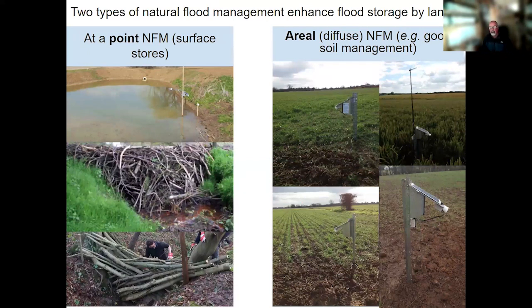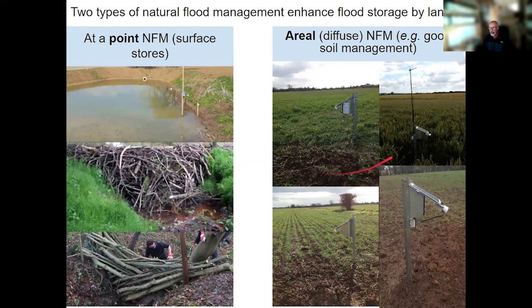So on to NFM, the kinds of things we're interested in are the whole variety of different types of natural flood management. And you might classify them into these two basic types: a sort of point source NFM, like a retention pond or a beaver dam or a leaky debris dam, and they operate at a point.